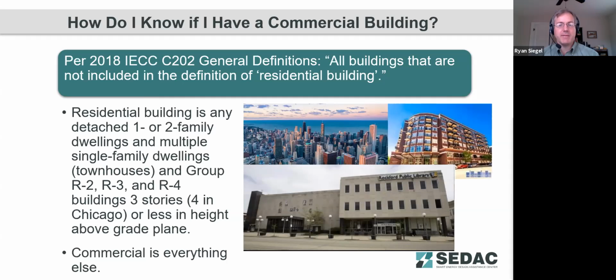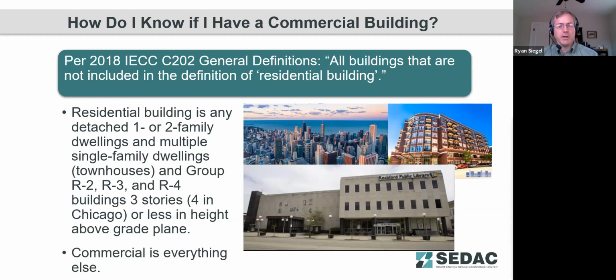Residential building does have an Illinois specific definition, which is a detached one or two family dwelling, along with multiple dwelling units in a single building that are 3 stories or less in height above grade, or 4 stories or less in the city of Chicago, in which the residents reside predominantly on a permanent basis.